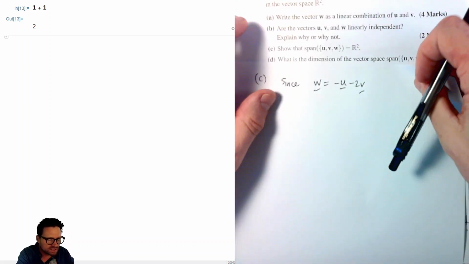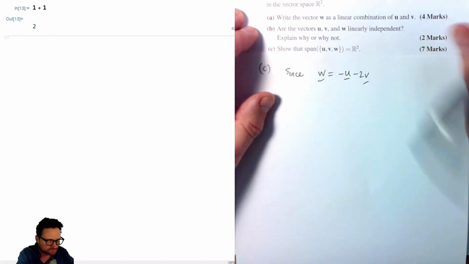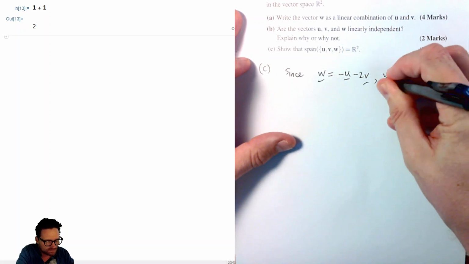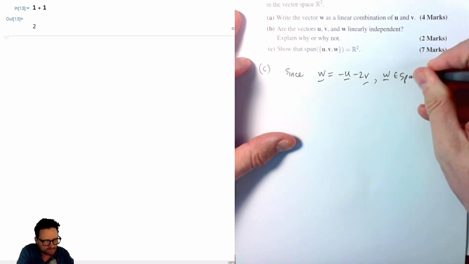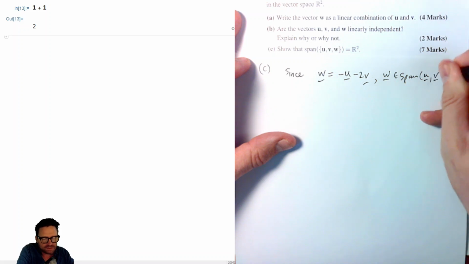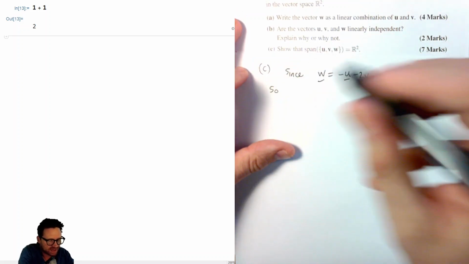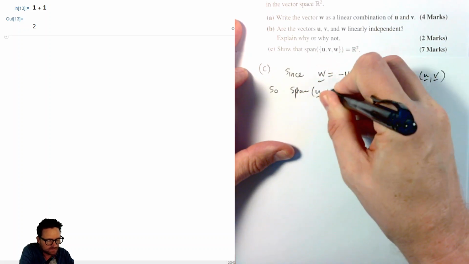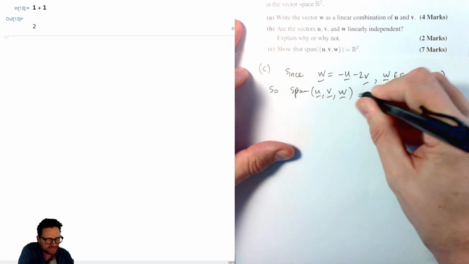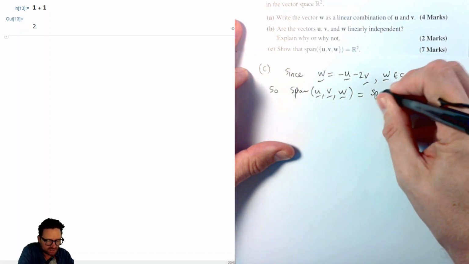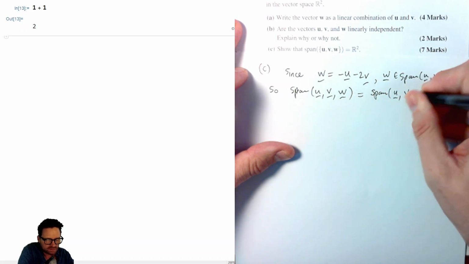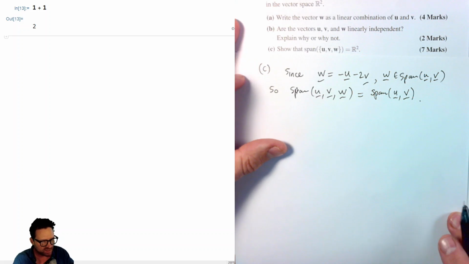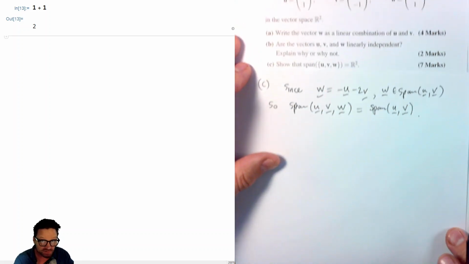Yes. Okay, so since we have that, w is in the span of u and v. And so what we learn from this is that the span of u, v, and w is equal to the span of just u and v. Okay, now, are u and v linearly independent? Yes, they are, because they are not multiples of one another. Have a look.